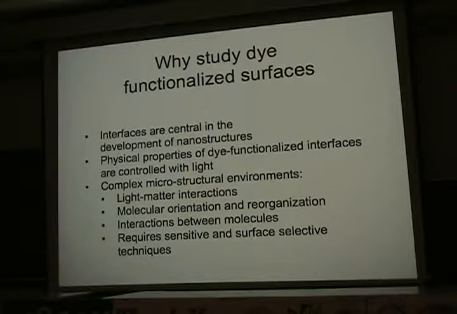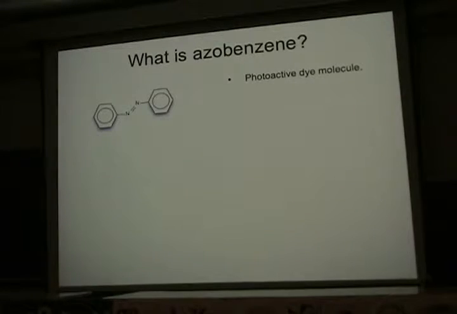The trade-off is that you have to worry about a lot of things. They're very complex systems. You have light matter interactions, intermolecular interactions on the surface of these dye structures, and you have to have really good techniques for even understanding what's going on, because in my case this is a monolayer, so it's a very small system to be studied.